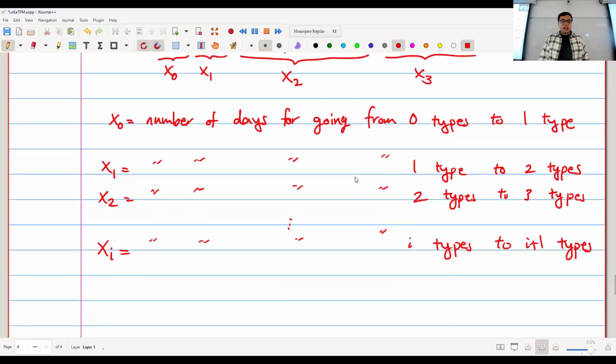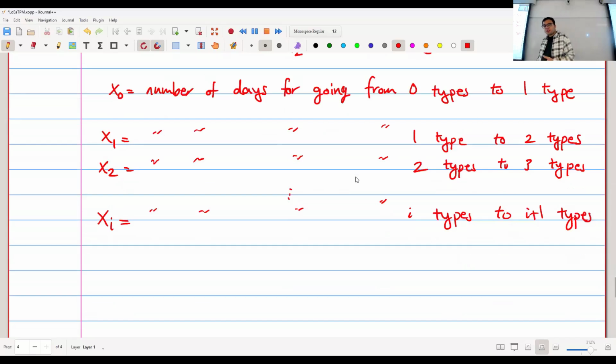Now I want to go from 0 types of coupons to a situation where I have all the n types. So I can actually say that my x is the sum of the xi's, where i starts from 0 and goes to n minus 1.